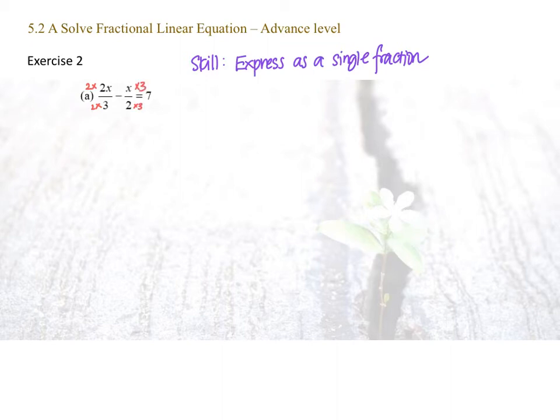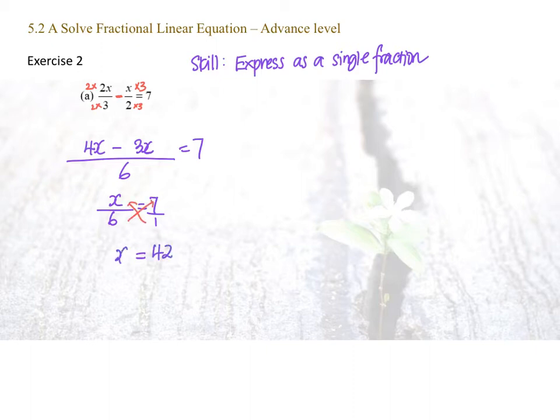I'll try to make it into the denominator 6, and I will get a numerator 4x minus 3x, and is equals to 7. Simplifying the equation, and cross multiplying, I'll get x to be equals to 42.